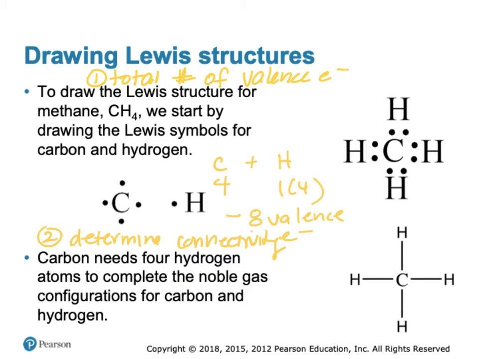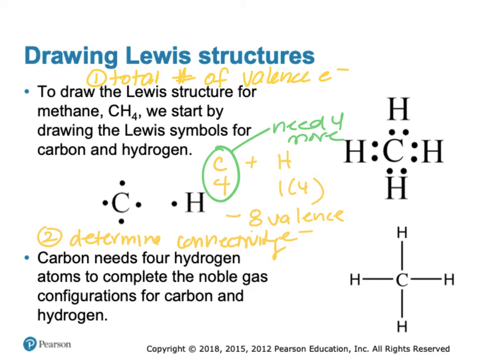Now, determining the connectivity, that's step 2. In a previous slide, I talked about how the total number of valence electrons typically leads you to how many bonds that element or atom will form. So let's take carbon for example. Carbon has 4 valence electrons. It needs 4 more to reach an octet.